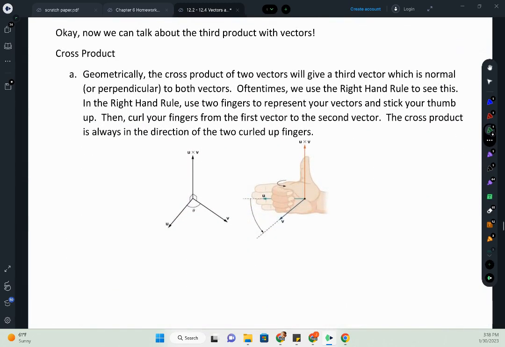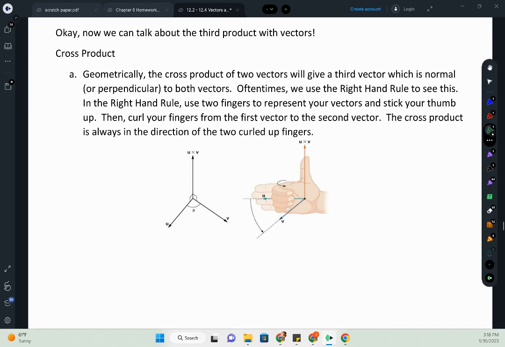Right here I've got a picture of two vectors, u and v, and so the way to determine geometrically what we're calculating when we do a cross product is to lay the palm of your hand or the side of your hand on the first vector.